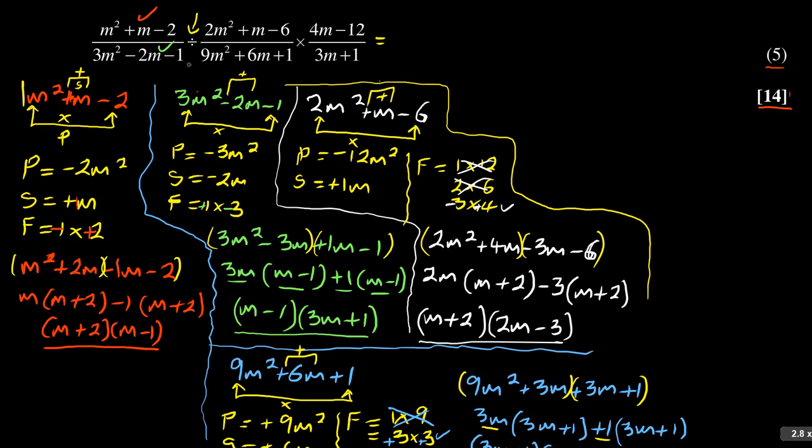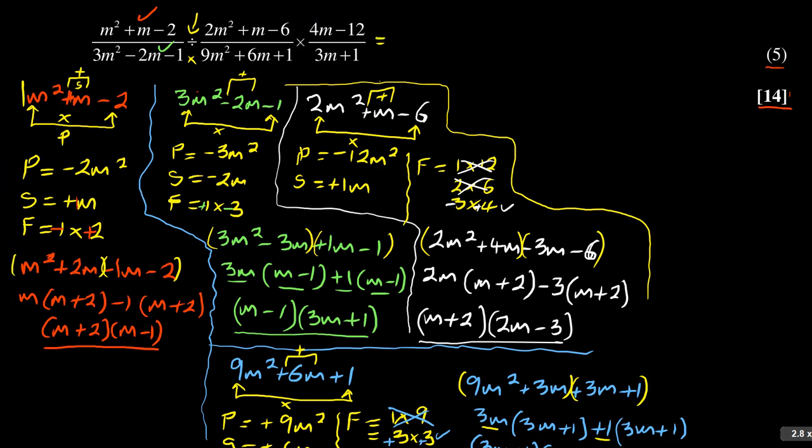So I'm going to change that division sign into a multiplication sign. So the moment I put a times, the top will go below and the bottom will go on top. So remember that. And actually I didn't finish the last one. I've got the last one, which is 4m minus 12.